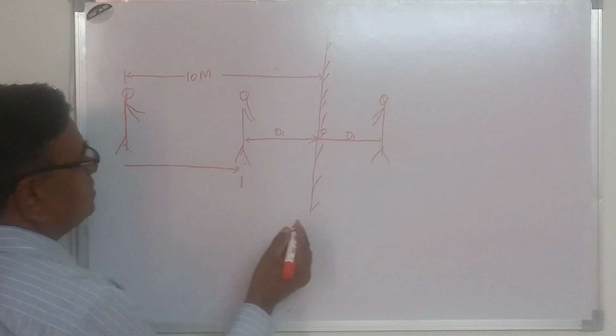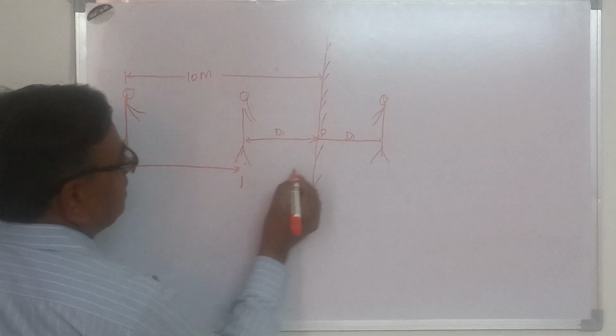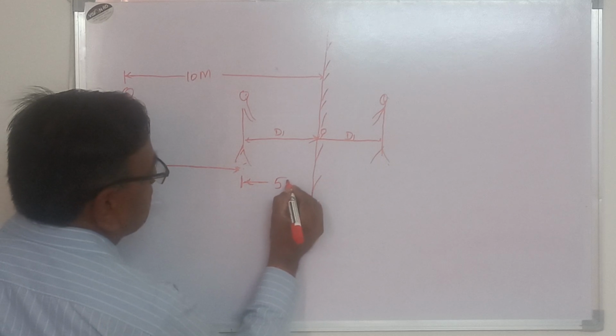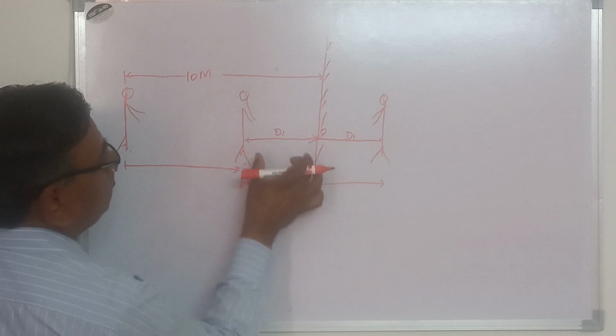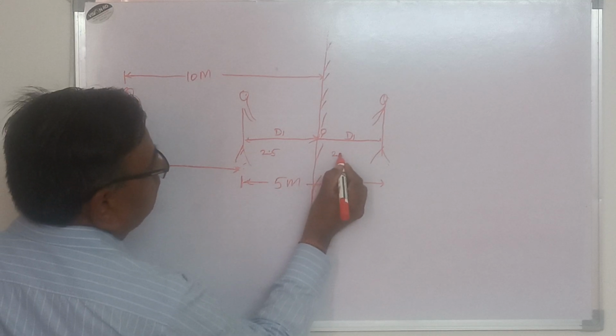The question is how much he walks from this point to this point, so that this distance is 5 meters. When this is 5 meters, how much is this? This is 2.5 and this is 2.5.